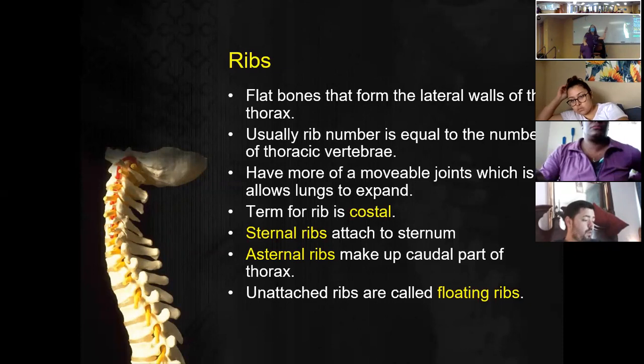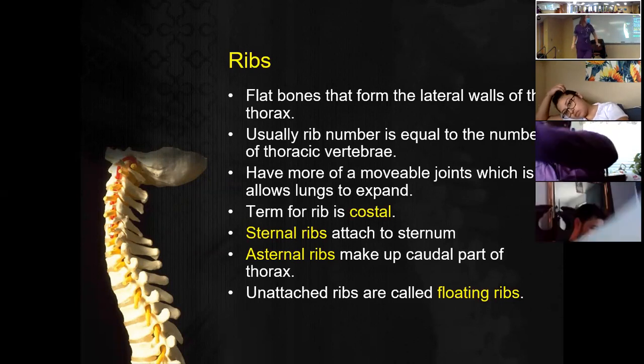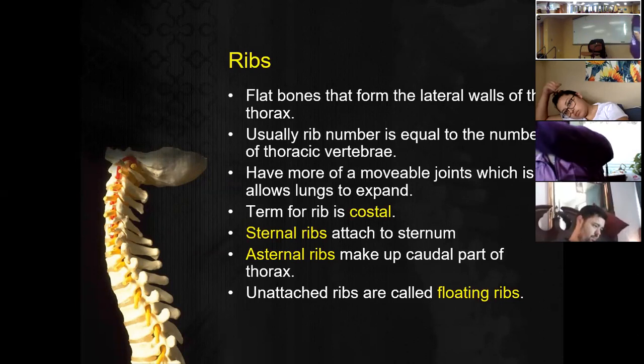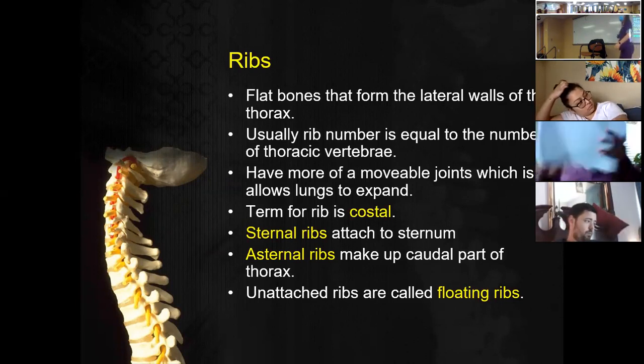So now we move on to the ribs. And again, you can kind of turn your thinking caps down right now because you've already covered all of this. There are no shocking new revelations today. The ribs are flat bones. The medical term for rib is costo. Sternal ribs attach to the sternum.